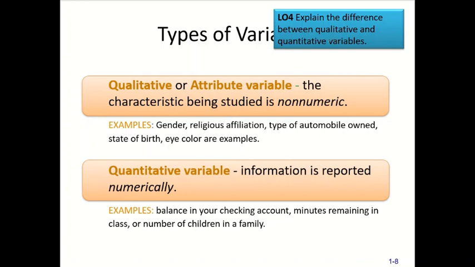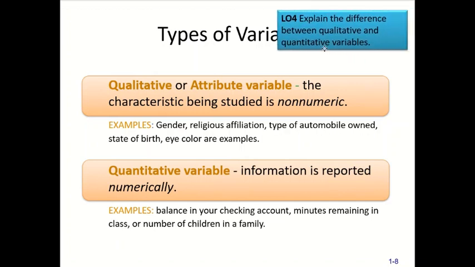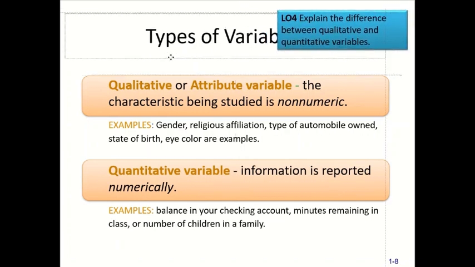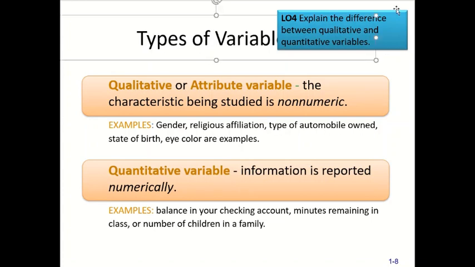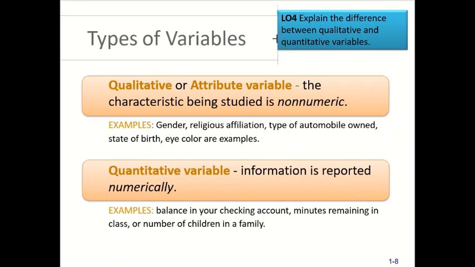Now the next important concept is the concept of qualitative and quantitative data, or variables. We will find that we have two major categories of data or variable, which are qualitative and quantitative. First, the qualitative or attribute variable, as it is known, represents the characteristics being studied as non-numeric. Whenever a non-numeric aspect or characteristic is being studied, it is called a qualitative variable, or also an attribute variable.